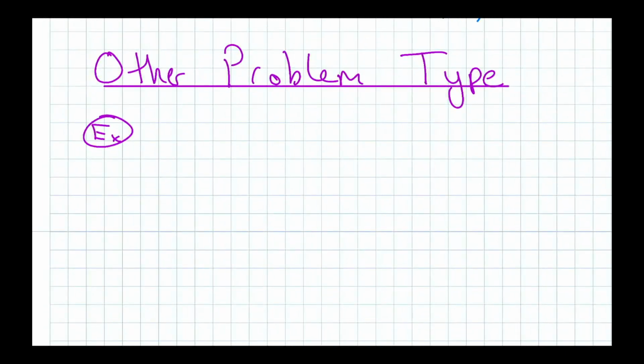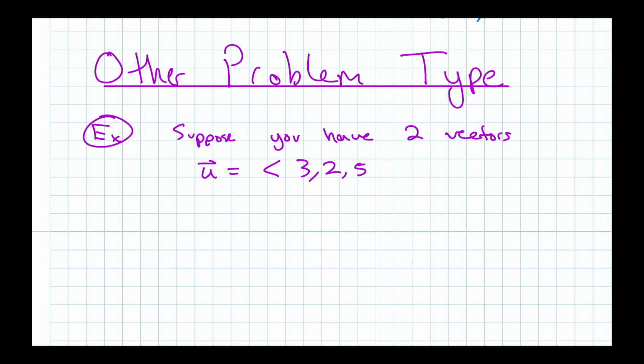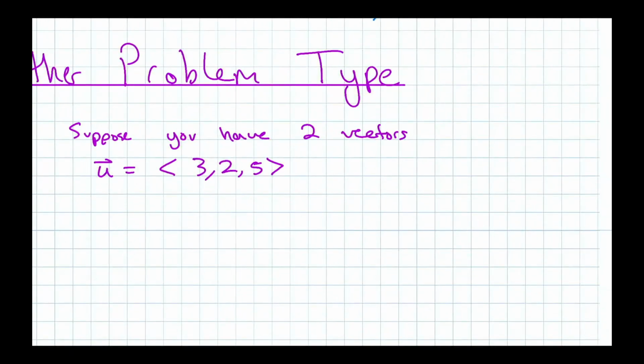So here's the idea. Suppose you have two different vectors, u, which is just a vector, let's say (3, 2, 5), and another one, any kind of vector, let's just say (1, 2, 3), v. Why not?